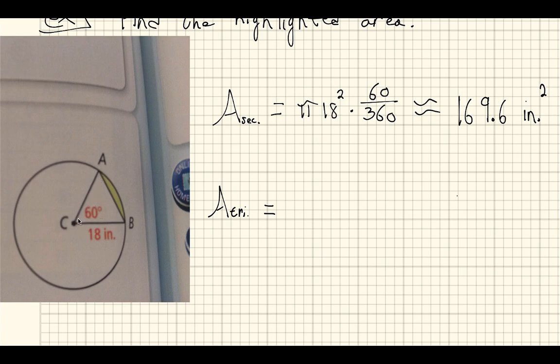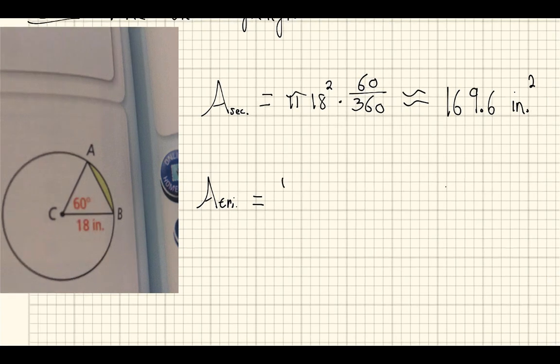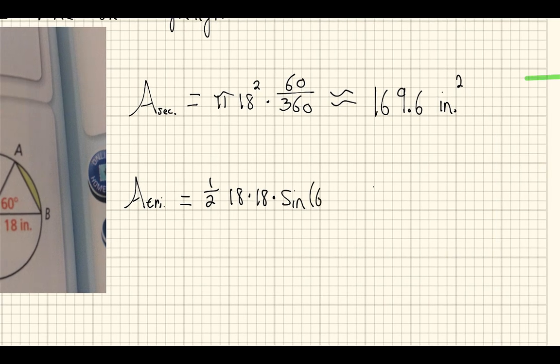Even though it's not listed here, it is a radius, so it has to be congruent to this other radius. So we have a side-angle-side situation. The area of the triangle is going to be 1/2 of 18 times 18 times the sine of 60 degrees.